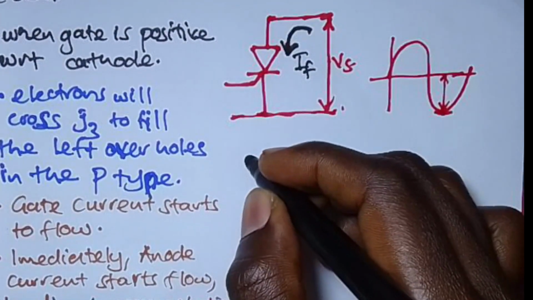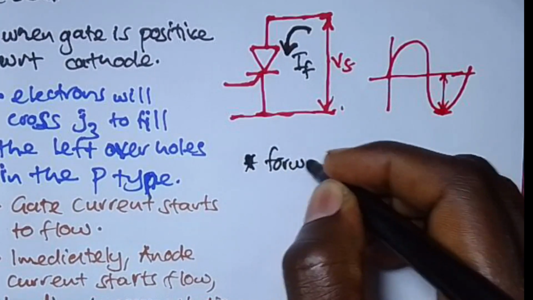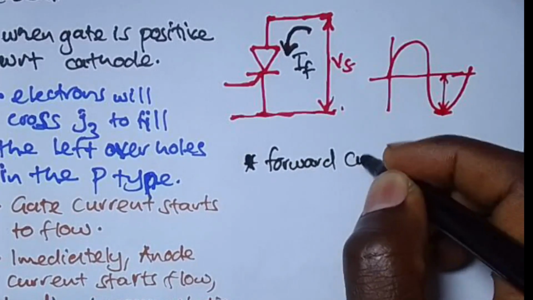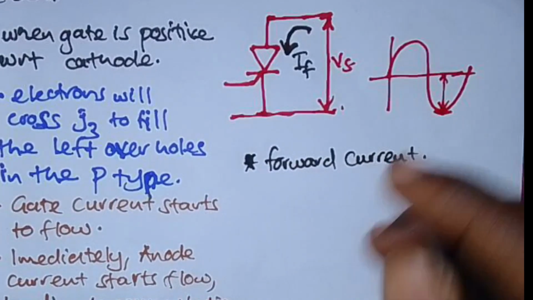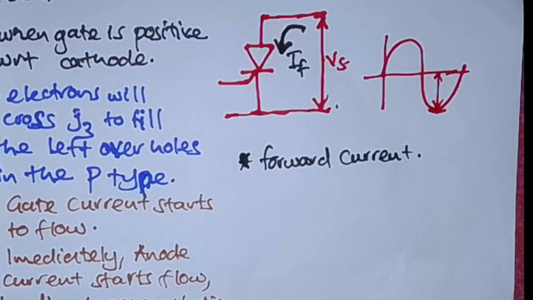There is what we call the forward current, and we are saying by matter of definition that this forward current is the current flowing through the SCR when the anode is positive relative to the cathode. In actual sense, when it is forward biased.